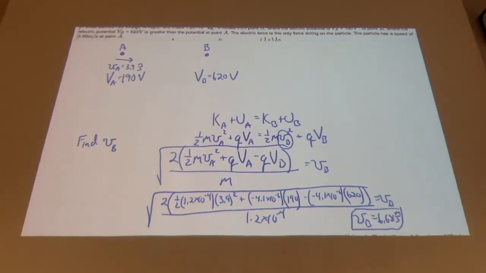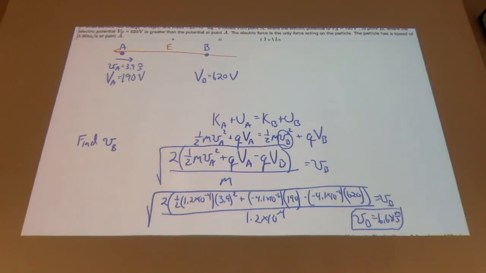Which direction does the electric field point? Electric field points from high potential to low potential. High potential to low potential. So that means the electric field is going this way. Electric field is going that way.